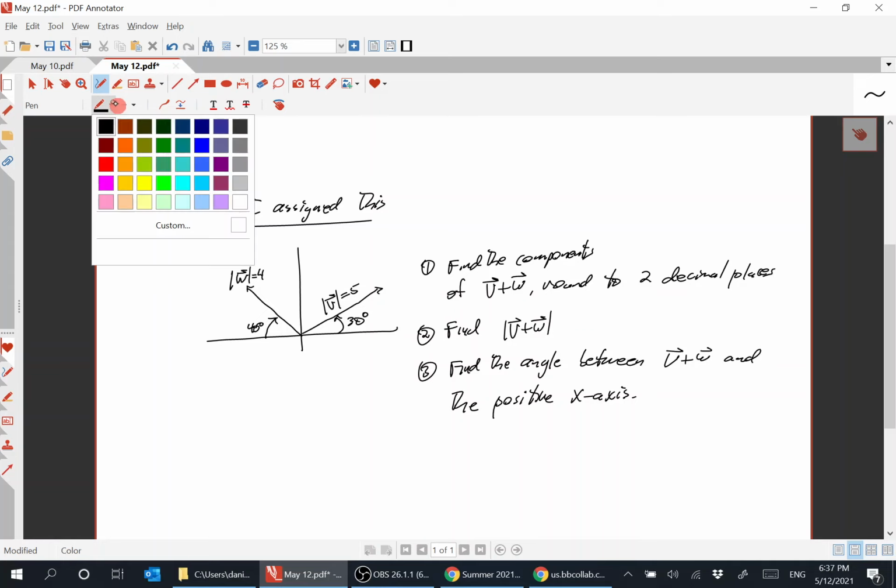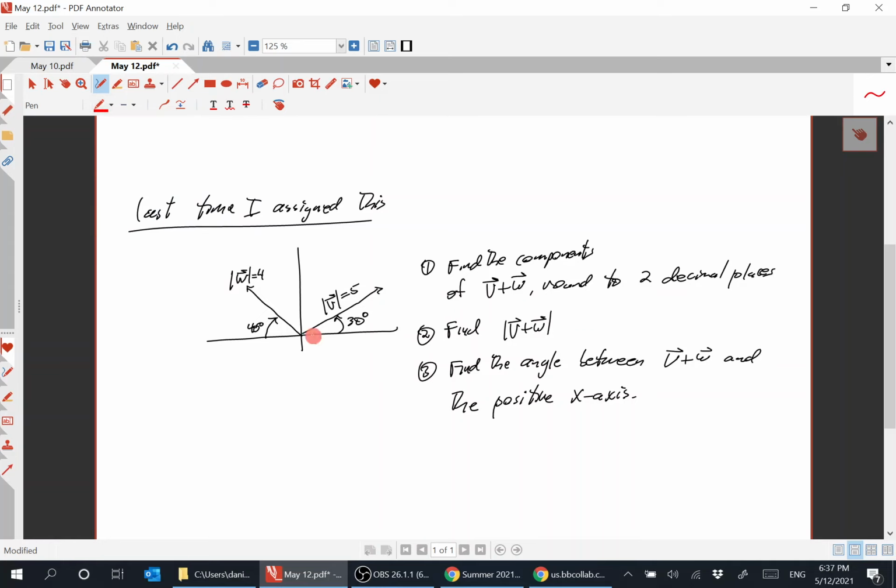Well, normally when you talk about the angle of a vector, it's always in the counterclockwise direction from the positive x-axis. So since this angle is 40, this angle right here is 80 degrees. So w has the following components: length of w cosine 80, length of w sine 80.